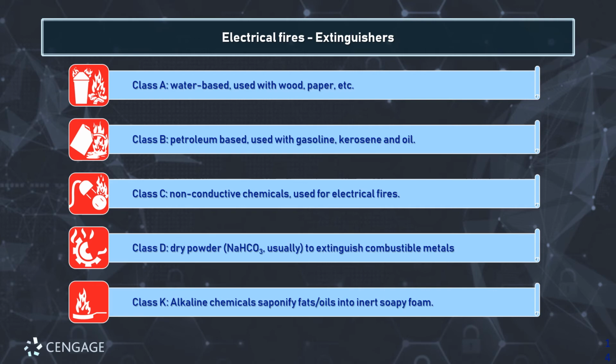Class D is usually sodium carbonate. It's a dry powder extinguisher that's used to break up combustible metals. For those of you who are fans of Mythbusters, you may have seen things like magnesium, titanium, and thermite, types of iron oxide that are oxidized in different ways. This stuff is very energetic and traditionally burns so hot that it instantly vaporizes water, but it is also a chemical reaction that is occurring.